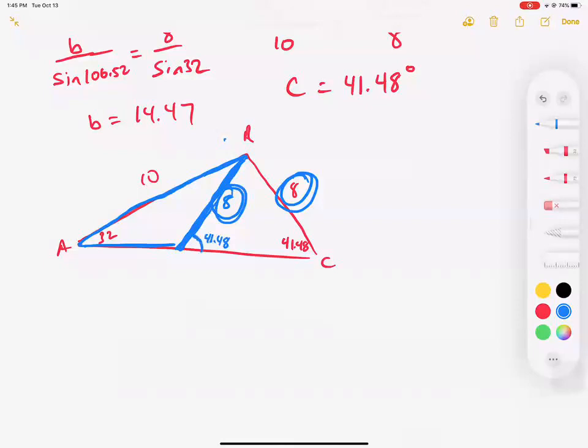But if we're solving for the blue triangle, is this angle 41.48 inside the triangle or outside the triangle? It's outside. We would have to subtract it from 180, and that's how we end up with this angle. So the hint is to get from your original triangle to the new triangle, you just have to subtract from 180. Let me go through the motions again.